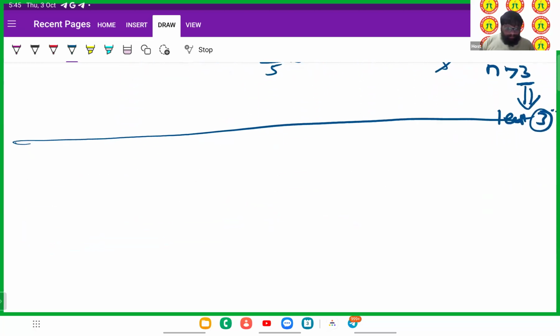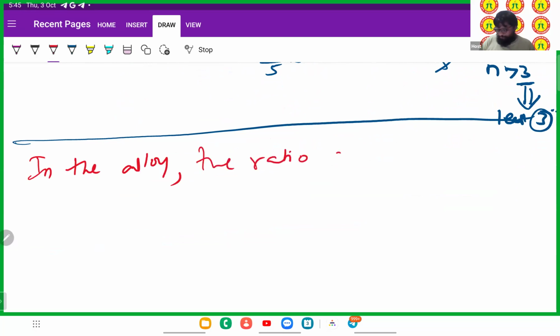Okay, the next question is also from ratio. In an alloy, the ratio of copper and zinc, where zinc is represented as Zn, is 5:2.